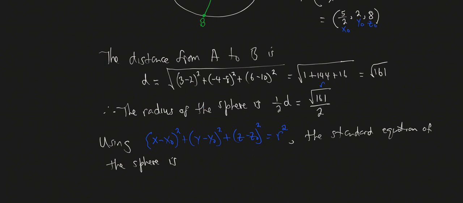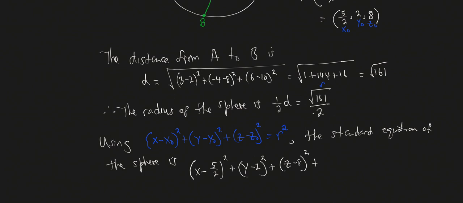So when we set it up, we're going to have x minus the x value, which in this case is 5/2. That's going to be squared, plus y minus the y value, which in this case is 2, and then that quantity squared, and then z minus 8 squared, and then I have to square this.